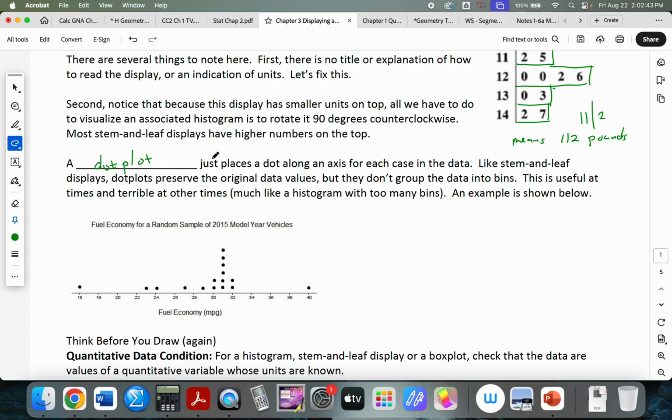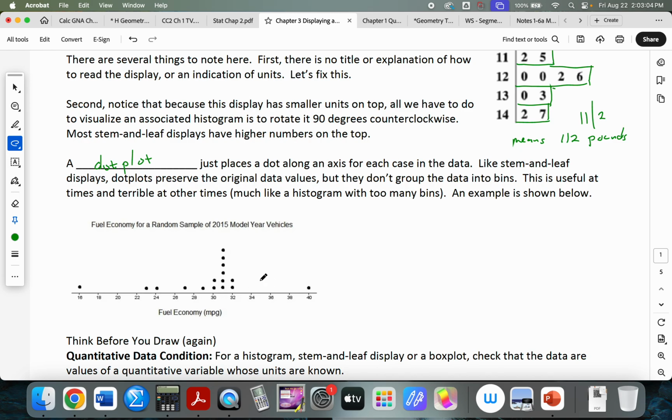So on this one, this would be all of the vehicles that got 30 miles to the gallon. And this is all of the vehicles that got 31 miles to the gallon, right?